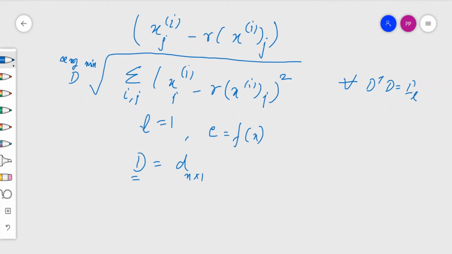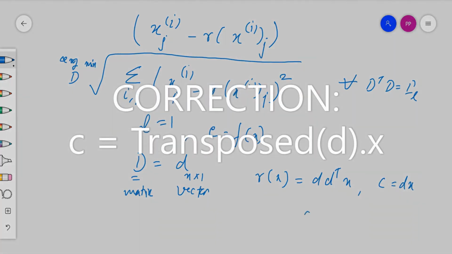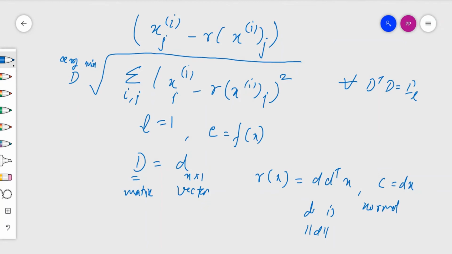So d should be n by 1 and it should not be n by m. So this is a vector now, and this capital D is a matrix. Then the reconstruction gives d transpose x and C equals d x, where d is normal, meaning the L2 norm of d is 1.